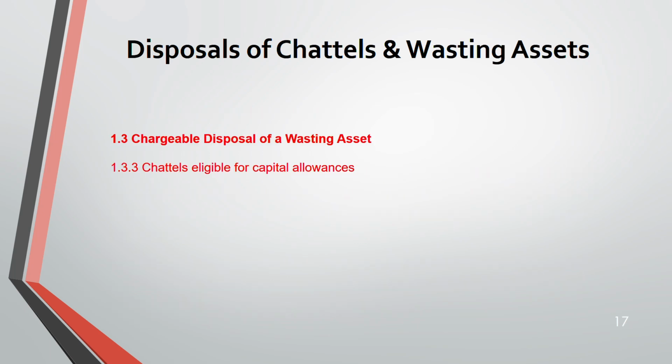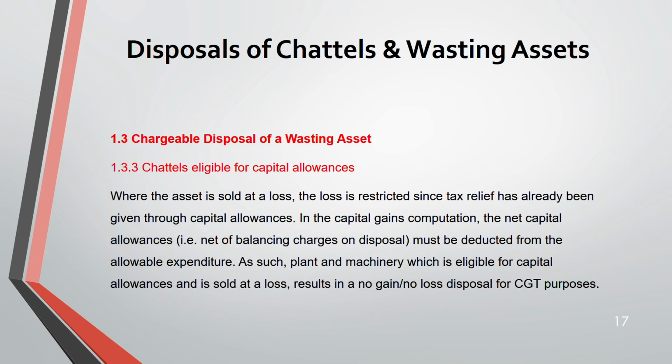Now, when the asset is sold at a loss, that loss is restricted since the tax relief has already been given through capital allowances. So in your capital gain computation, the net capital allowances, that is net of balancing charges on disposal, must be deducted from the allowable expenditure.